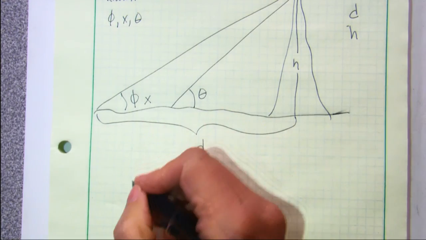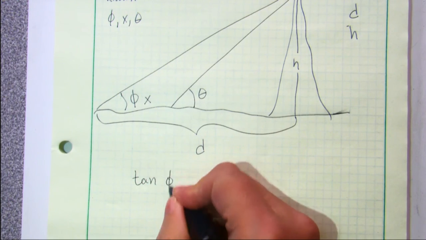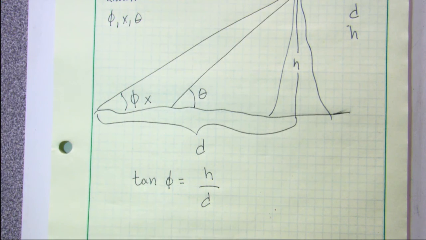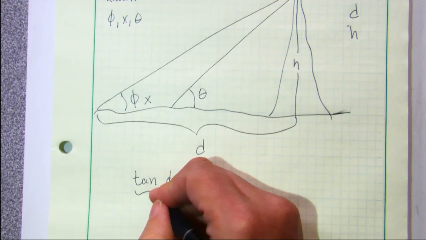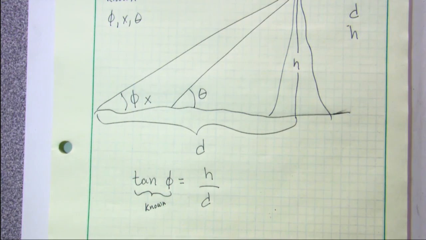Well, let's take this first triangle first. This first one is that the tangent of phi is going to equal h over d. This value is known because we were given that in the problem, so that's just a number that we know.